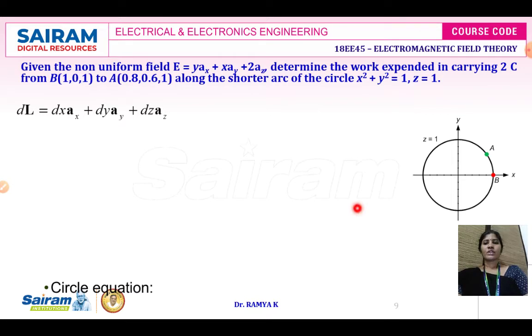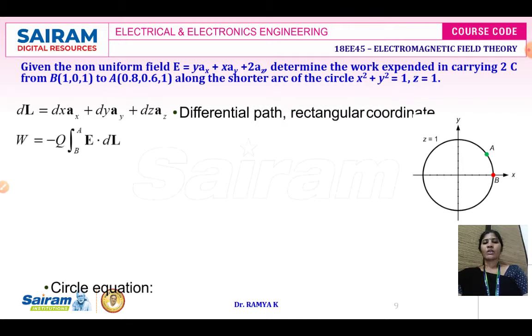Now the differential elemental length dl = dx aX + dy aY + dz aZ in the Cartesian coordinate system. We can call the Cartesian coordinate system a rectangular coordinate system also. And here is the differential amount of work done. Therefore, the work done formula is W = -Q ∫ from B to A E · dl.